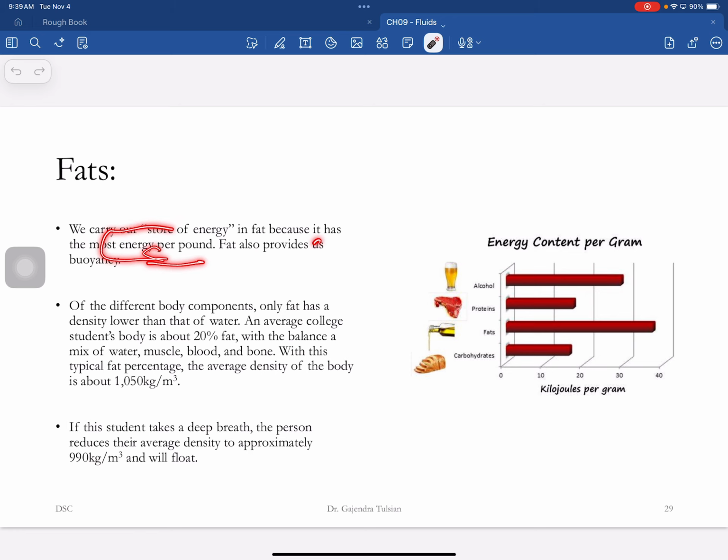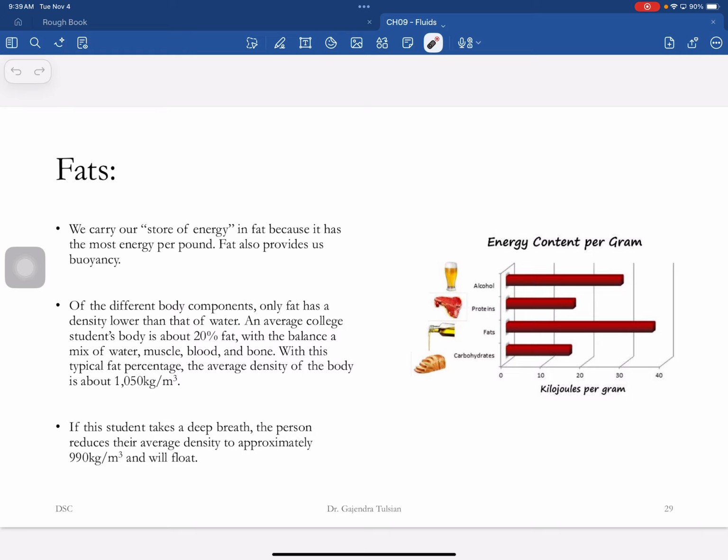Okay? So of the different body components, only fat has a density lower than water. Every other body component has a density greater than water. So if you're made only of muscle and bone, you would sink to the bottom. If you were made only of fat, you would rise to the top.